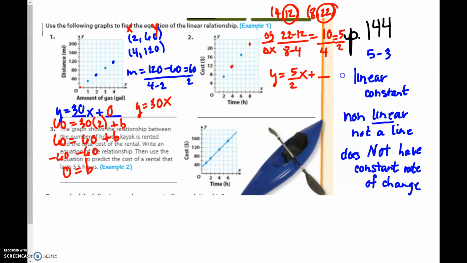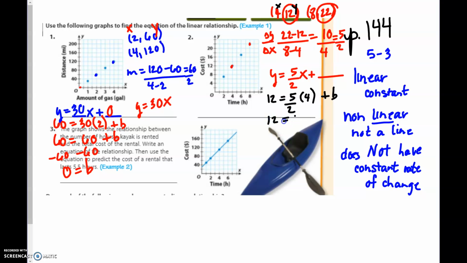Now I need to find that y-intercept. I'm only going to use this first ordered pair just because my numbers are smaller and I like to keep it smaller. In place of y, I'm going to put a 12. Leave your 5 halves, and in place of x, I'm putting a 4. I'm going to solve for b. You can grab your calculators and take 5 over 2 times 4. 5 times 4 is 20, and 20 divided by 2 is 10.